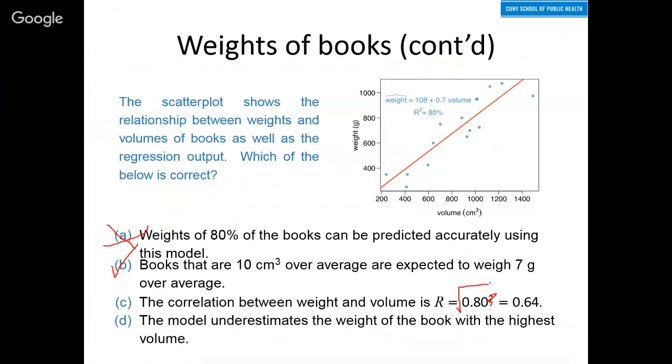Does anyone know offhand what the square root of 0.8 is? It's going to be pretty close to 0.9, just under, maybe 0.895. So 0.89. And we should really call that lowercase r. That's what we usually call Pearson's correlation.